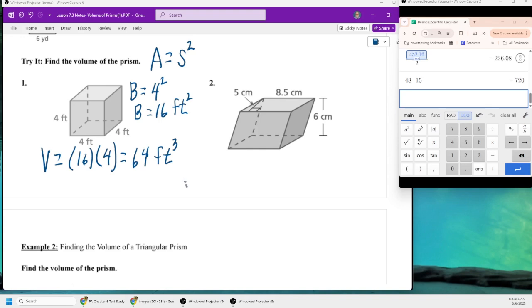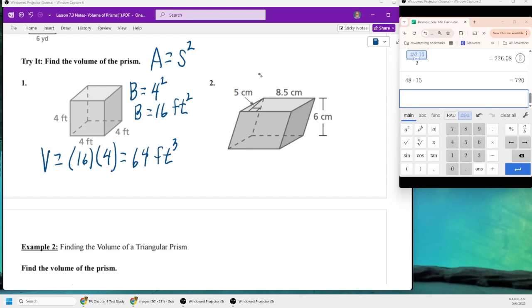Okay. Now, I want you to do number 2. On number 2, do you see how they give you this perpendicular right there? So this would be like the length, and that would be the width.